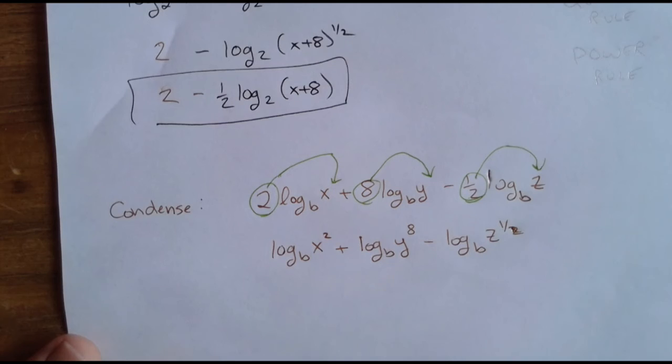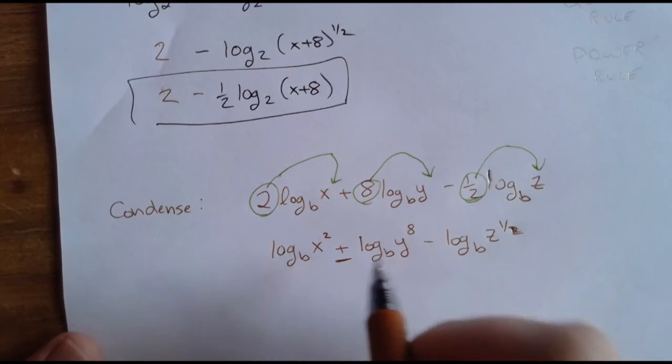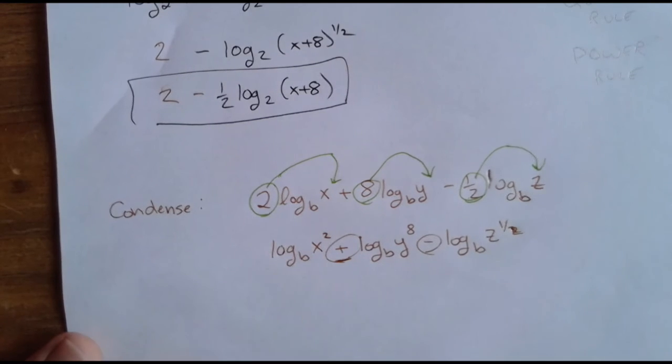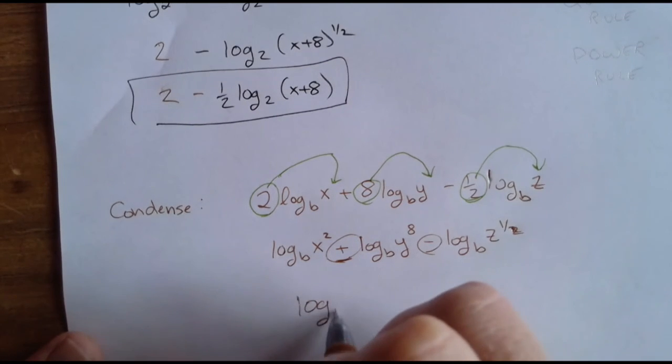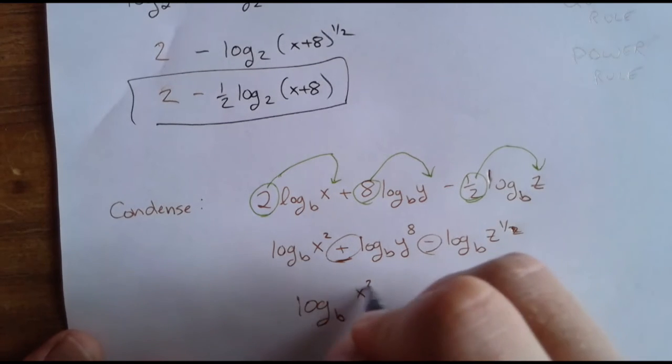And this is now fully condensed. One other option, because this 1/2 could be written as a square root, you could take that one step further and write it this way. It was perfectly fine as it was too, but the square root of z maybe looks a little nicer.